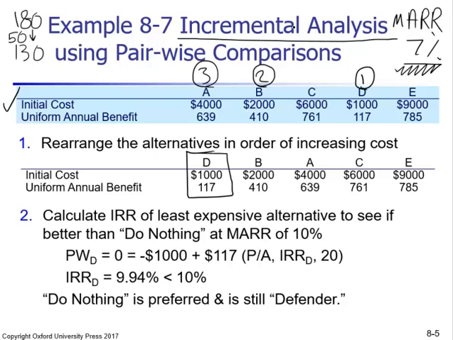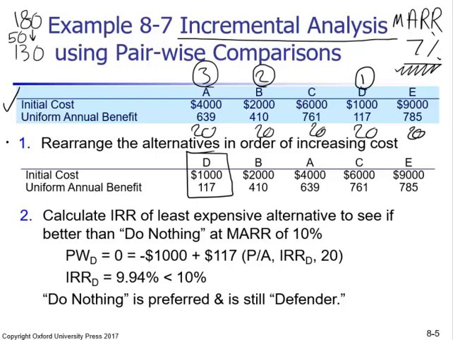And the MARR here is 10%. It means that, for example, we have an FDIC insured bank that pays 10% annually on our investment without doing anything. And another thing is the useful life. Useful life for all of them is 20 years, my friends.